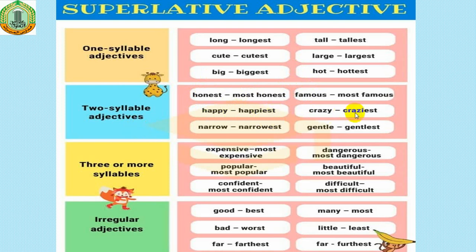Happy, happiest, crazy, craziest. And narrow, narrowest, gentle, gentlest. Here I drop the final E. If I have three or more syllables, like expensive, popular, confident, I add most. Some irregular adjectives are good, best, bad, worst, far, farthest, many, most, little, least, and far, furthest. Remember that these charts are to be memorized.